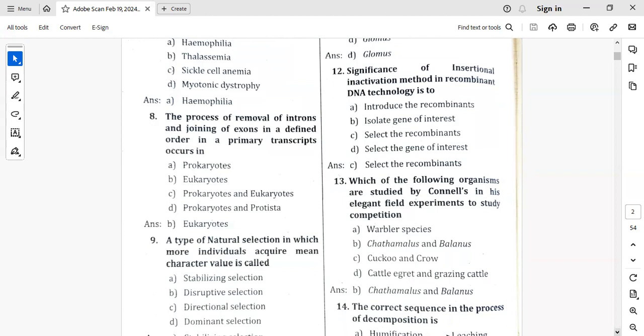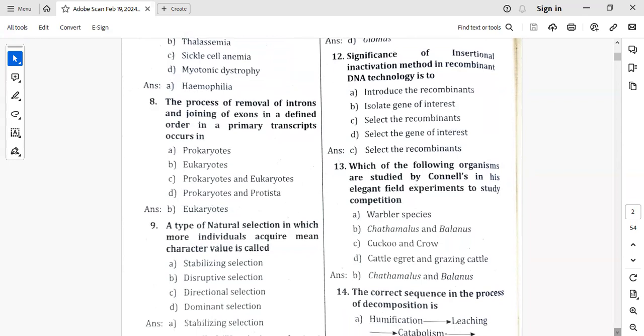This comes under population interactions, the set of mutualism, commensalism, amensalism, competition, predation, or parasitism. So the experiment to study competition was done on Chthamalus and Balanus. This is the example given there.